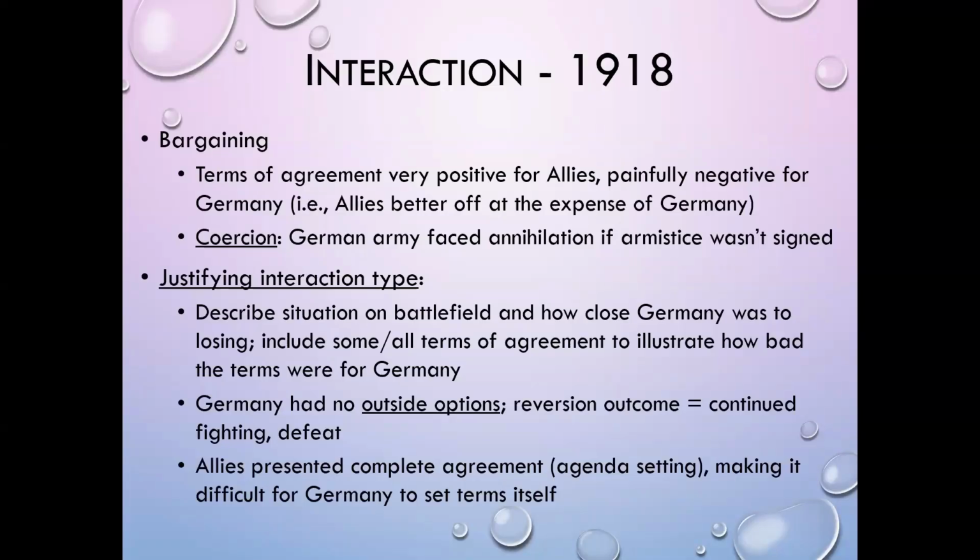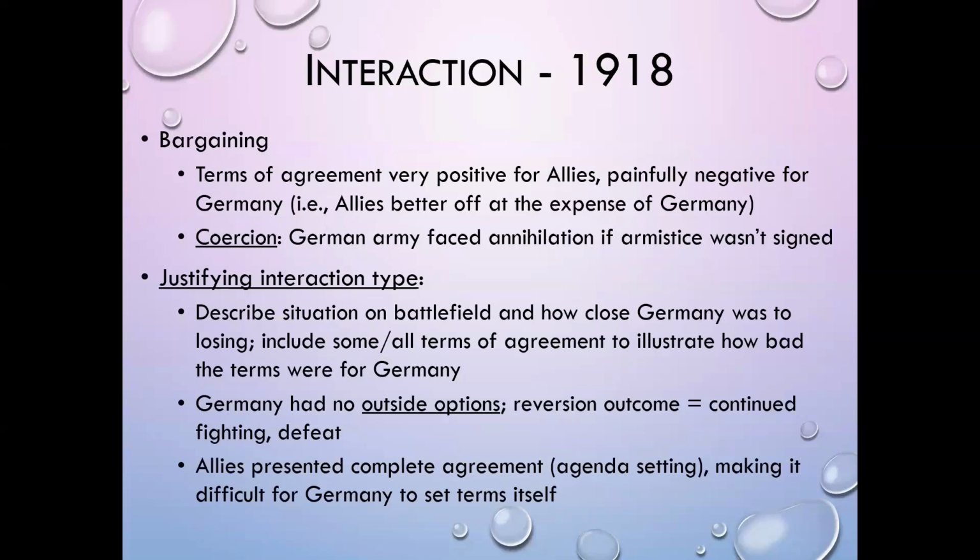But the reversion outcome for Germany was continued fighting and defeat. And so because the reversion outcome was terrible for Germany, signing was better. That helps to explain why this is coercive and why it was bargaining.